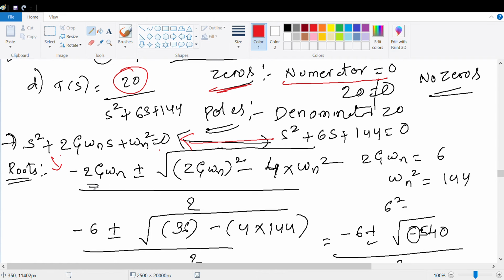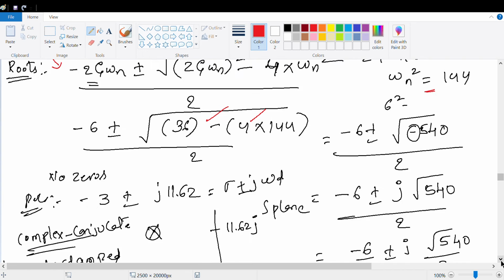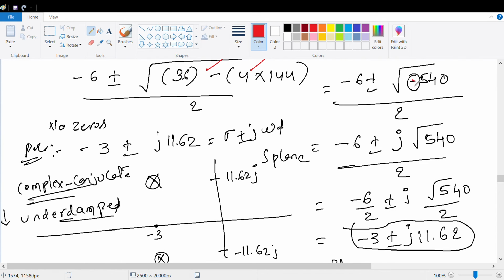For this the roots are minus 2 zeta omega n plus or minus square root of (2 zeta omega n) square minus 4 omega n square, all by 2. Here 2 zeta omega n is 6 and omega n square equals 144. Therefore we substitute all these values and find the roots, and inside the square root we get minus 540.